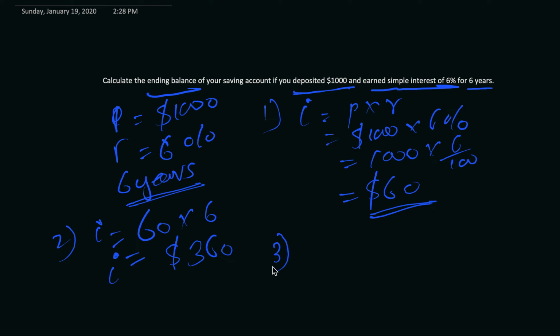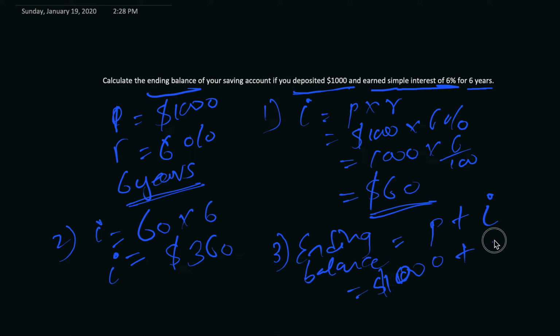And the third step would be calculating the ending balance, which is nothing but principal plus interest. So principal is $1,000 plus $360, and we get 1360.